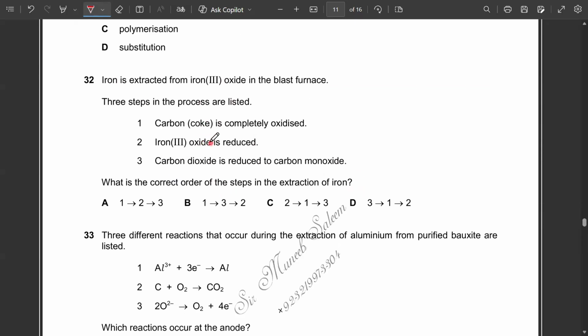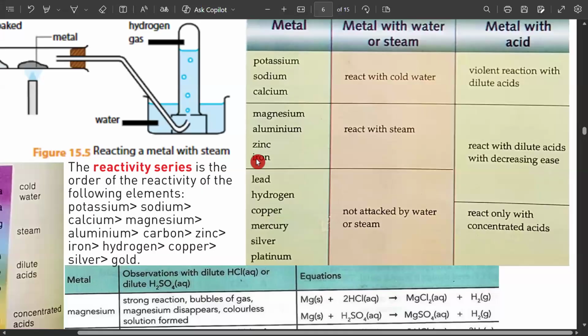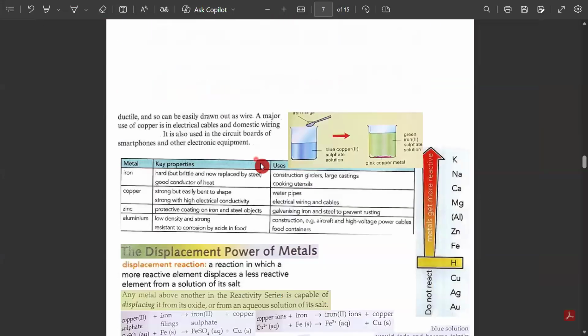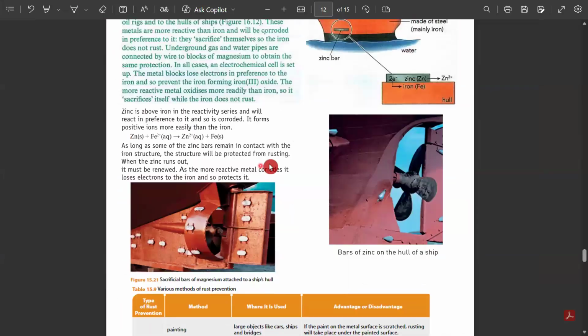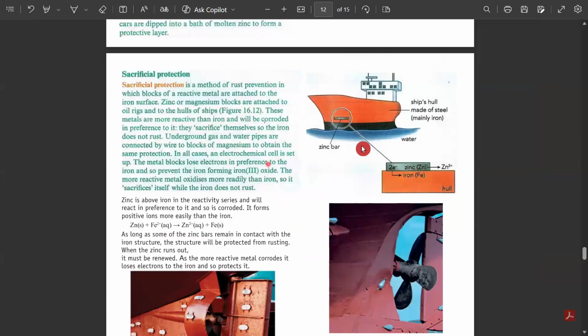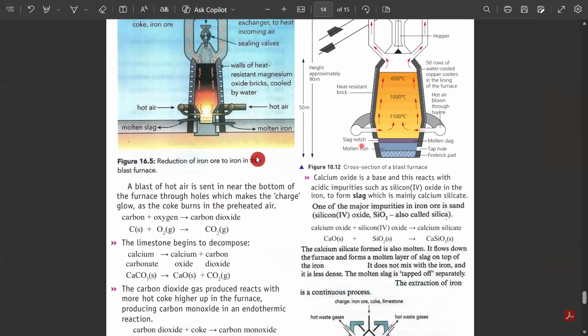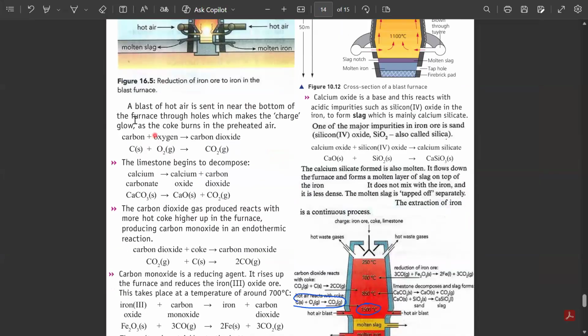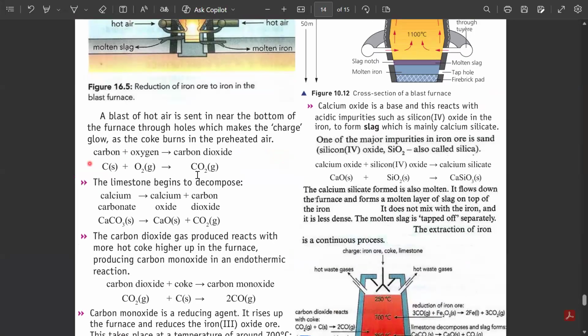Now, for this purpose, we will refer to the topic of the iron extraction from the literature. All right. Here, the extraction of the iron and the steps involved are mentioned. First of all, there is a reaction of the carbon with the oxygen to make CO2.